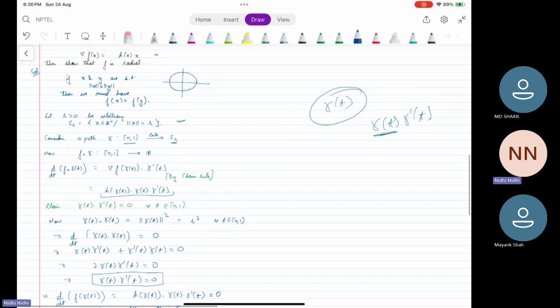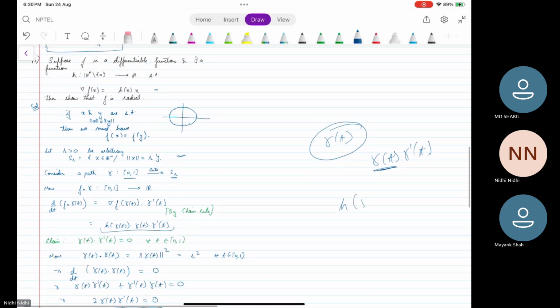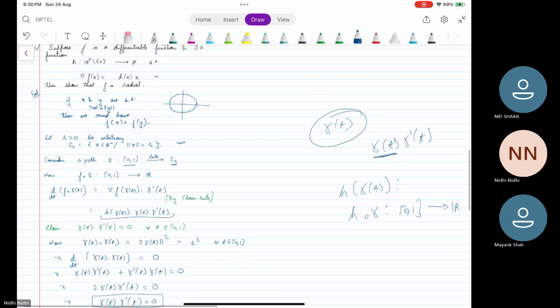So now h gamma t, this is a function. This is basically composition. H gamma, domain of gamma is the closed interval 0 to 1. So this is a real valued function. H gamma t is a real number.